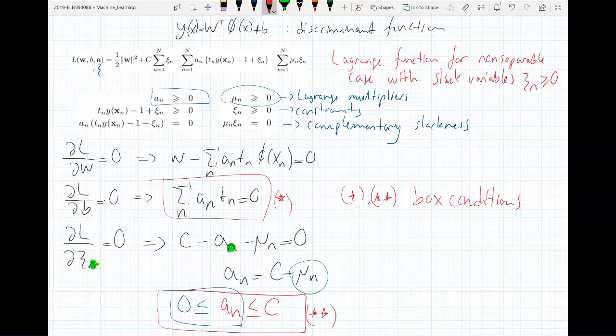If I substitute w back in, and substitute the sum of a n, t n equals 0, you see all of this sum zeroes out, and then I also substitute this one into L to get the dual.